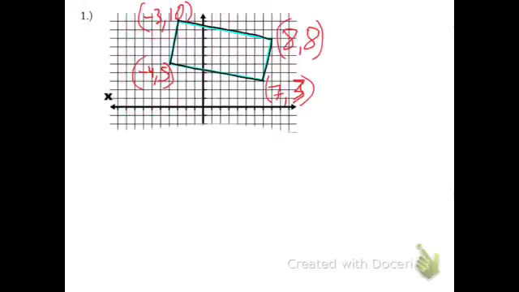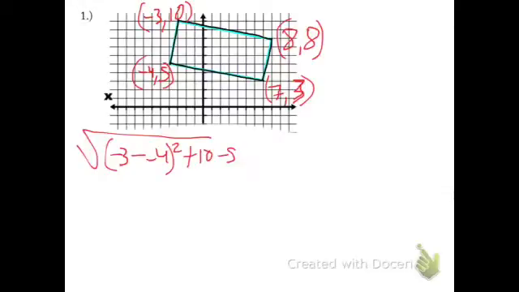The right one is my x2, and my left one is the x1 values, and so I'm going to put that in my distance formula. X2 minus x1 squared plus y2 minus y1 squared.